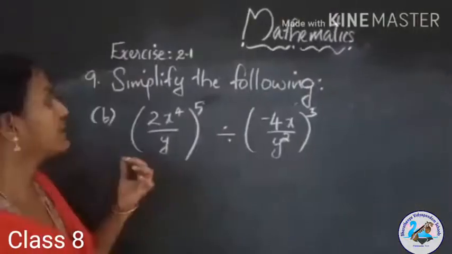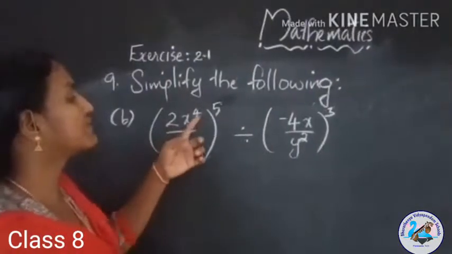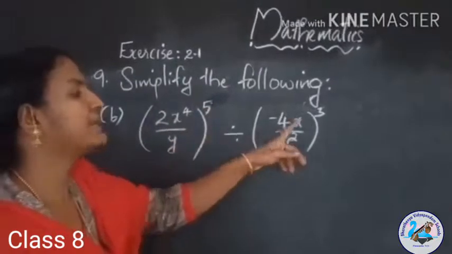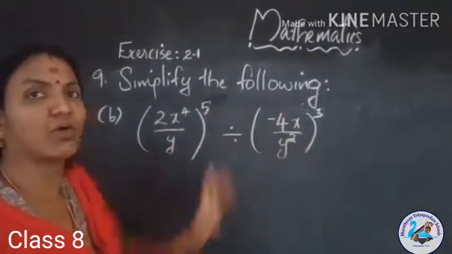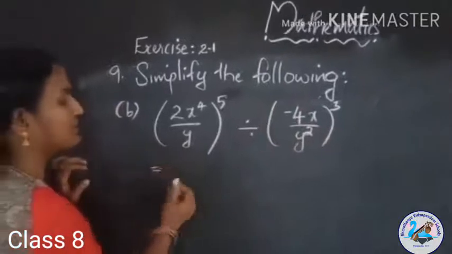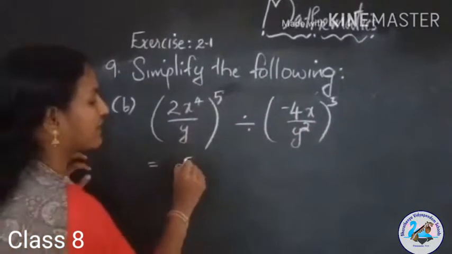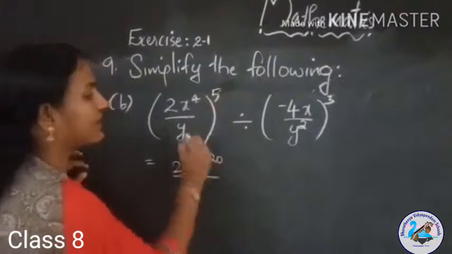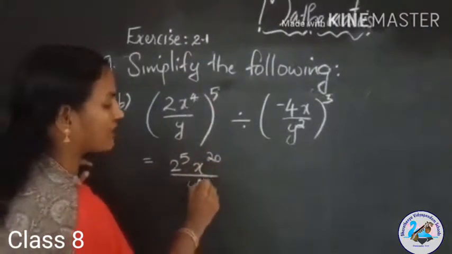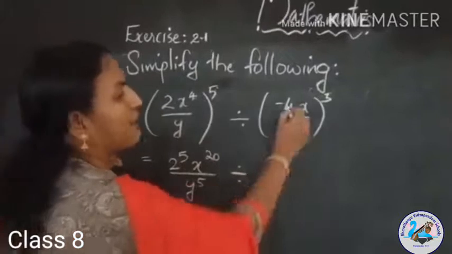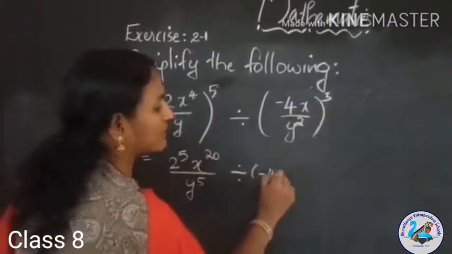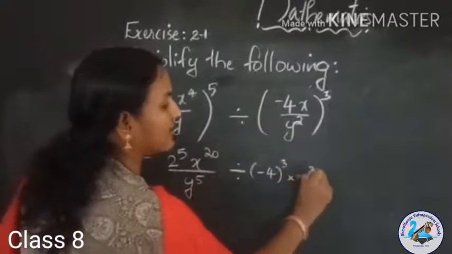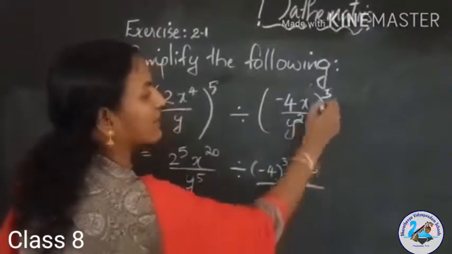Next option B: (2x raised to 4 by y) the whole raised to 5 divided by (minus 4x by y square) the whole cube is equal to 2 raised to 5, x raised to 4 into 5, 20, divided by y raised to 5, divided by minus 4 cube into x cube divided by y square the whole cube.